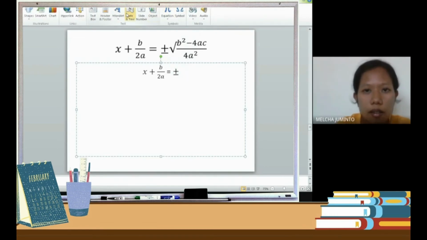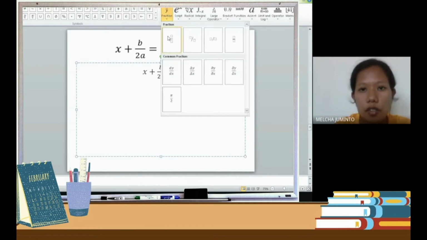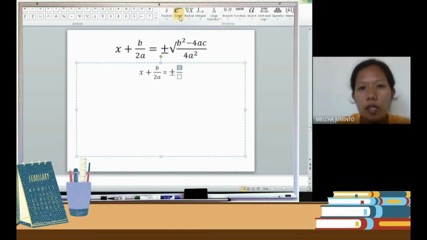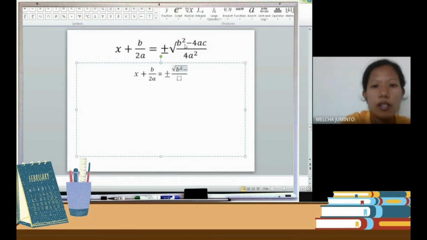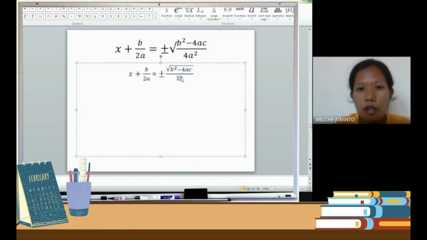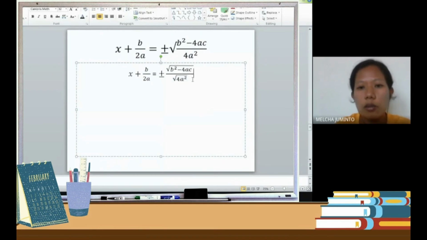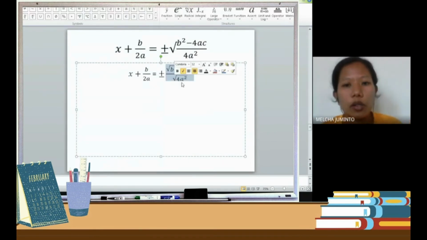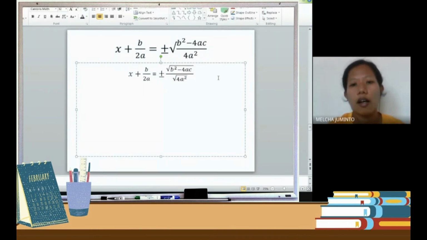So let me use an equation, fraction, and then the numerator will be expressed as the square root of the values b squared minus 4ac, and same with the denominator will also be expressed as the square root of the value 4a squared. Okay. The purpose of this is to simplify the denominator because the denominator 4a squared can be written as a square root.